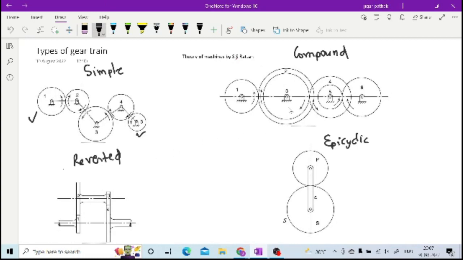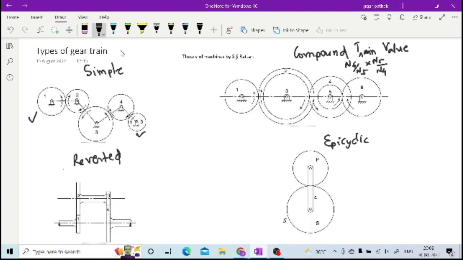Now if you go for the compound gear train, then again you can find the train value as we have calculated for the simple one. So here it will start with n6 by n5, right, and then n5 by n4, right.